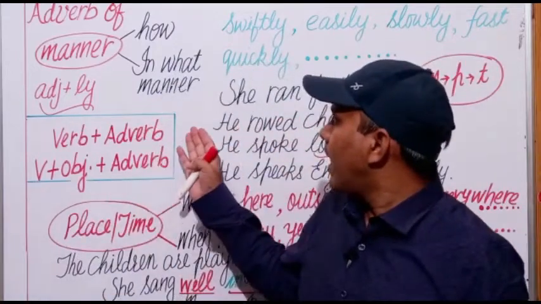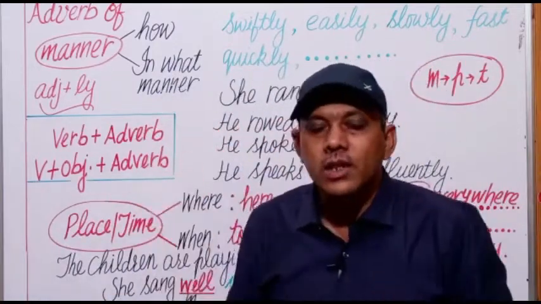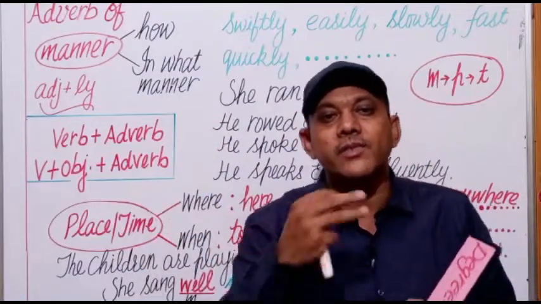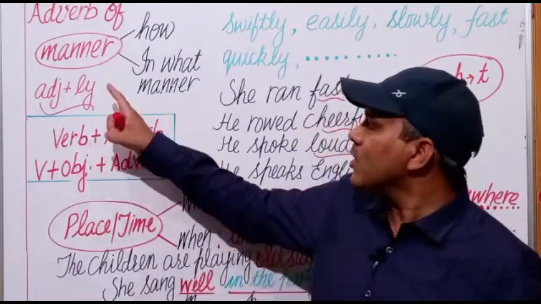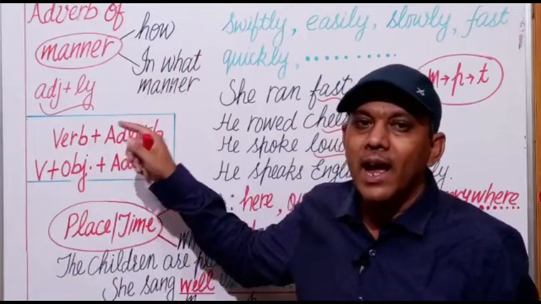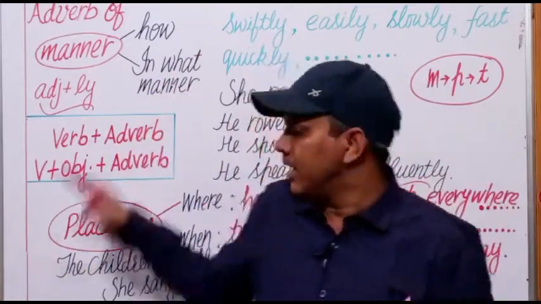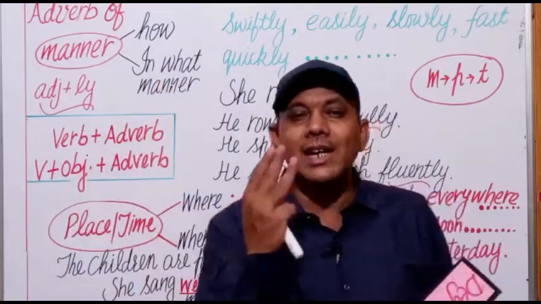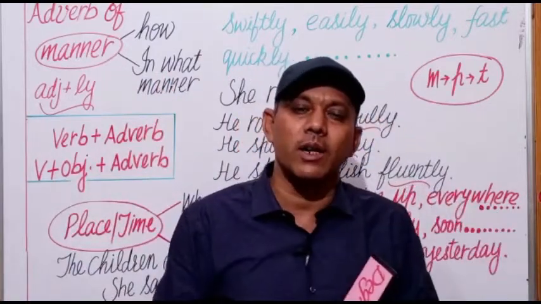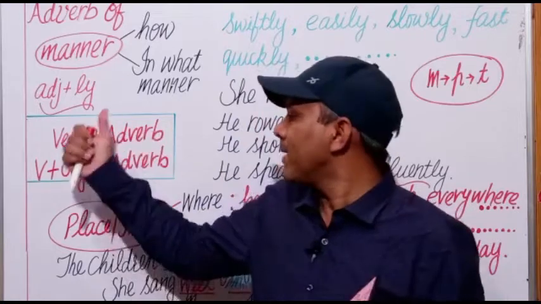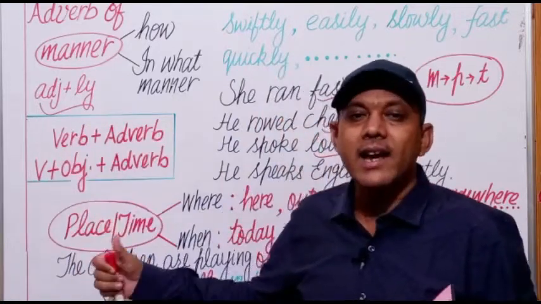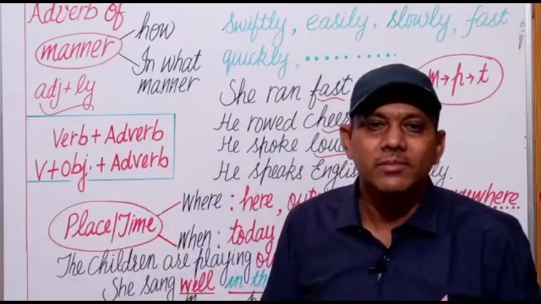Now, where do we use these adverbs in different sentences? In today's video, we shall discuss these three kinds of adverbs: adverb of manner, adverb of place, and adverb of time.